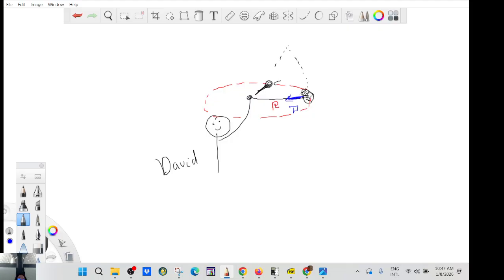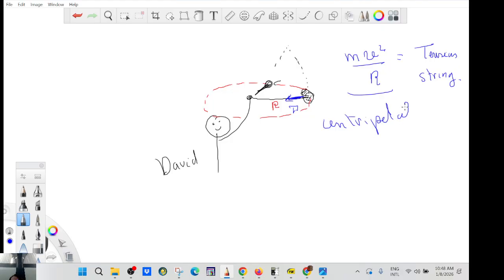That force is always the mass times the speed squared over the radius. In that case, the force providing the centripetal force is the tension in the string. And that's called the centripetal force from physics 1.